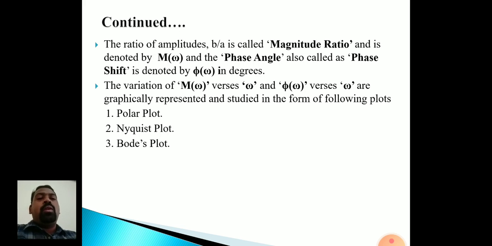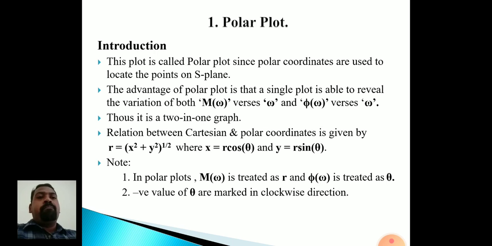Very first, for the polar plot, we discussed the general procedure for how to draw it. We take polar coordinates as the variables in the polar plot to represent magnitude ratio and phase angle with respect to omega. Magnitude ratio is taken as radius and phase angle is taken as theta.